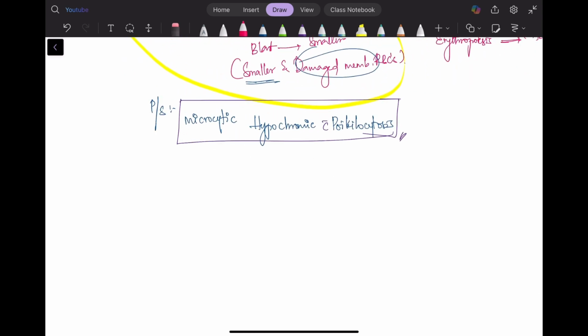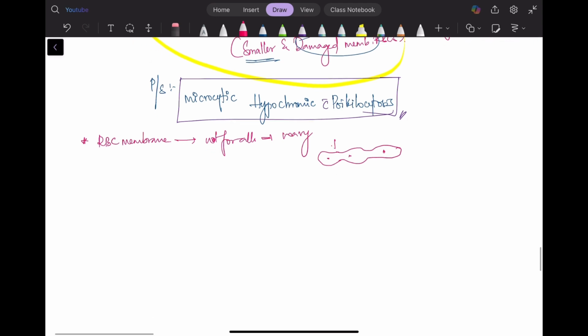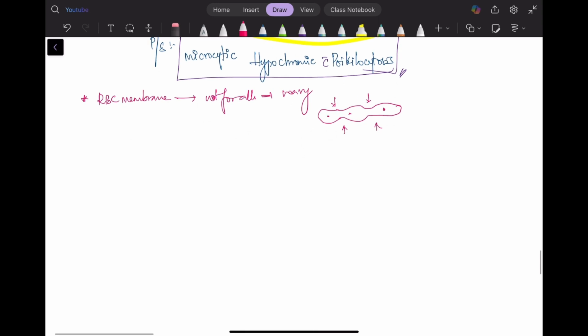Then we'll go with the important part. The RBC membrane, not for all, is wavy like this. How does it look?